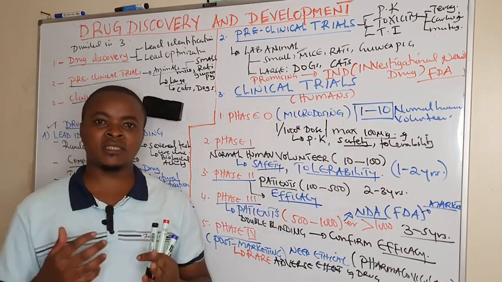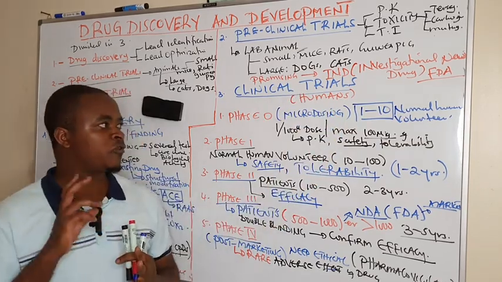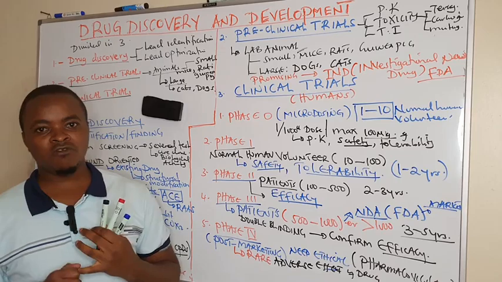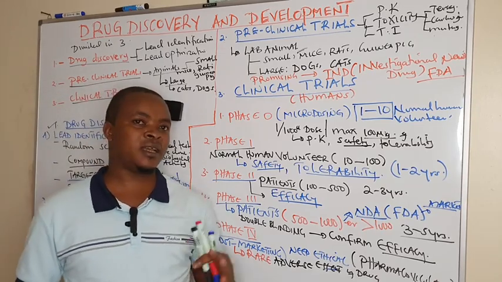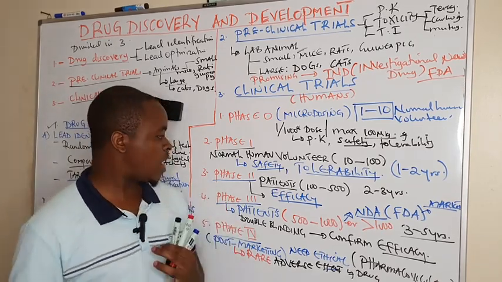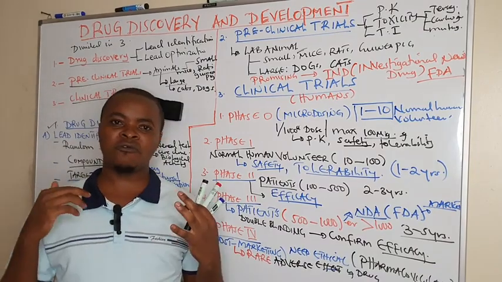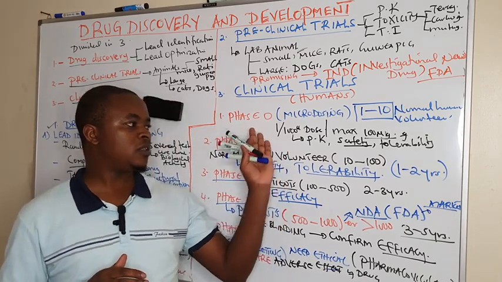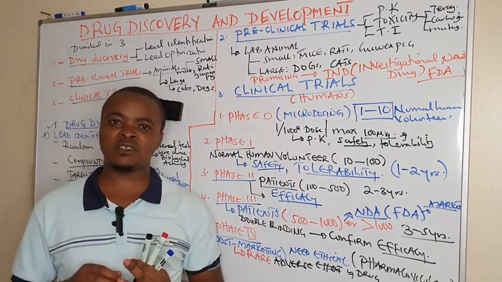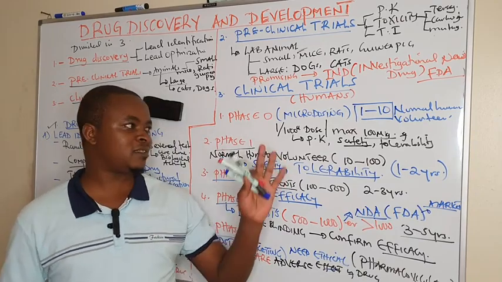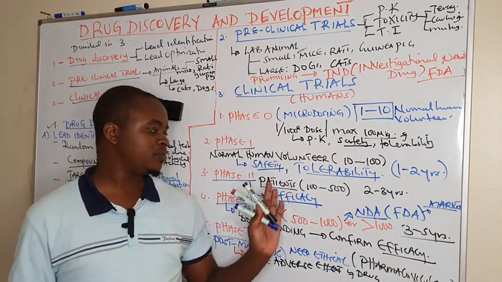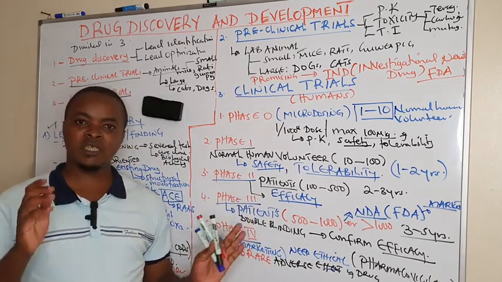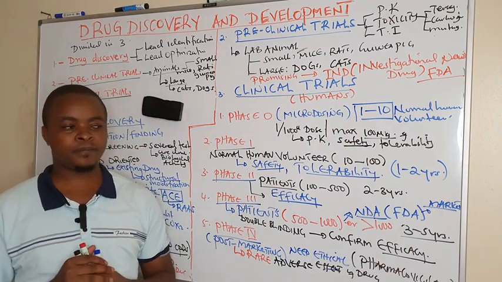And in which phase of clinical trial do we study drug safety and tolerability, that is phase 1. Which one involves microdosing, that is phase 0. Which phases use normal human volunteers, that is phase 0 and phase 1. Phases 2, 3, and 4 use patients purely.